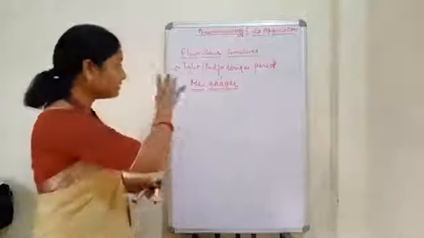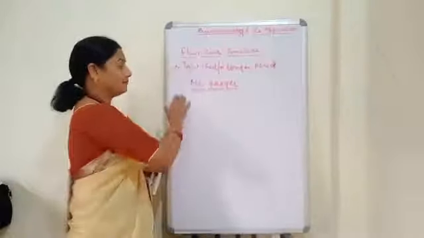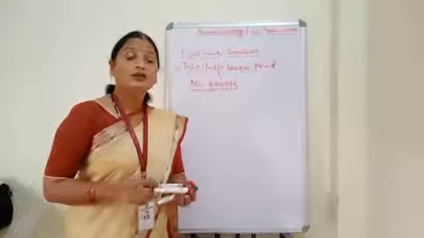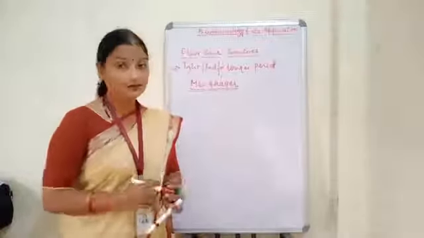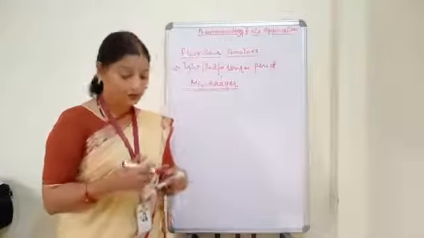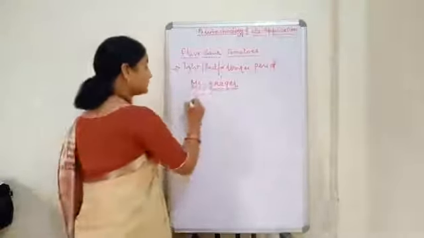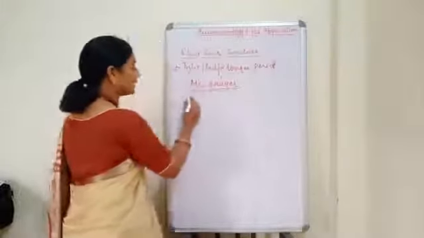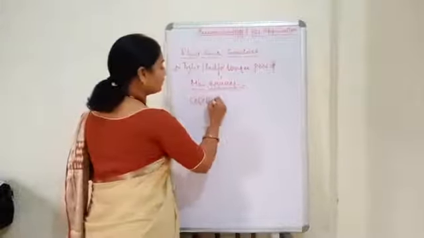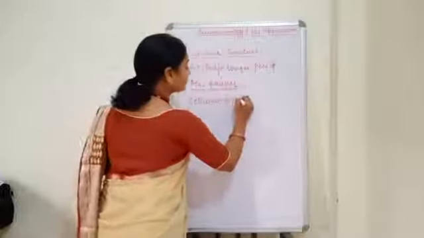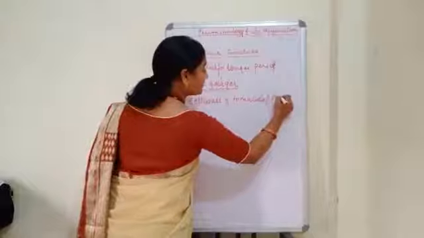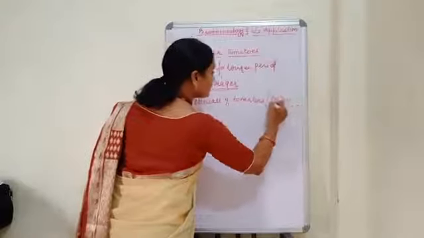Now children, see the basis behind this. The cell wall of these fruits, the tomatoes, is made up of pectin.